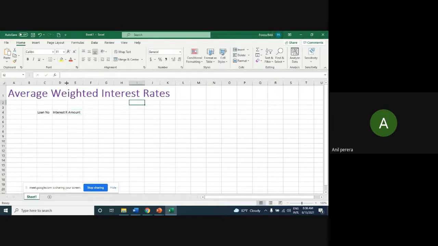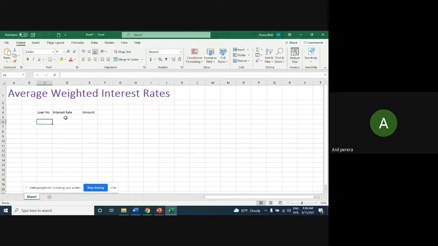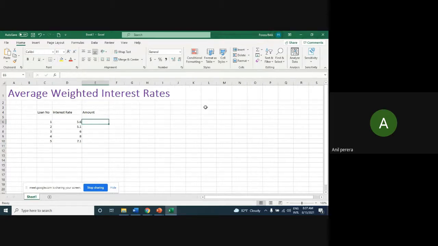The loans are 1, 2, 3, 4, 5, with different interest rates: 5.6, 5.1, 6%, 8%, and 7.1%. Then we have amounts. At 5.6 we had, let's say, 5,000 loans. I'm talking about the rupee amount, right? LKR.